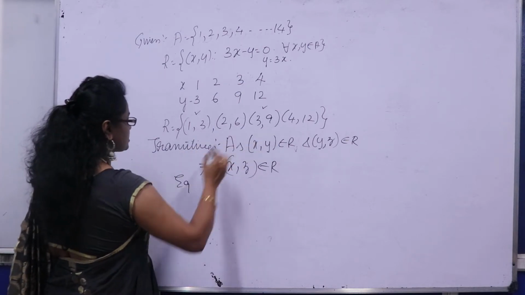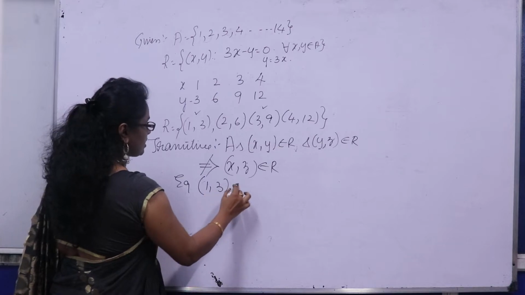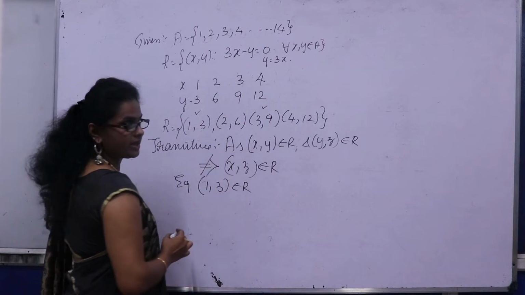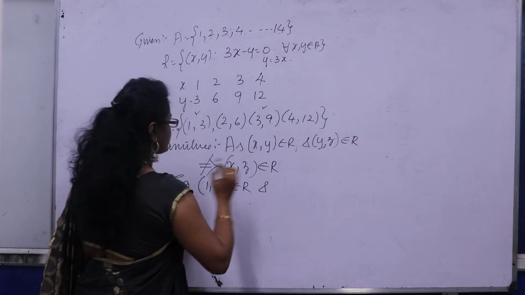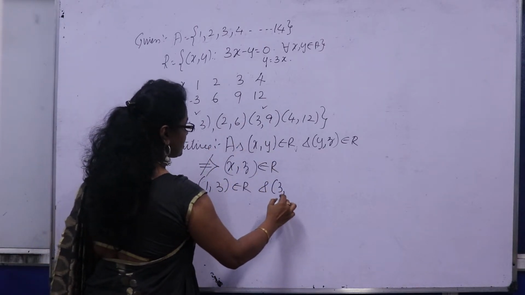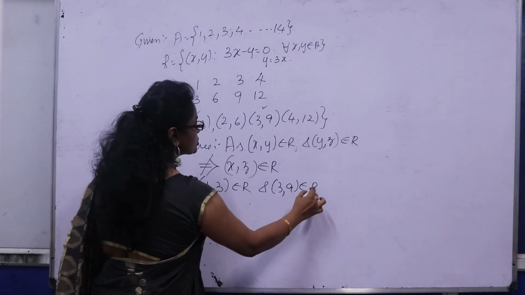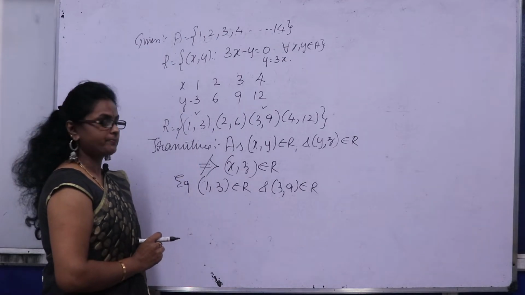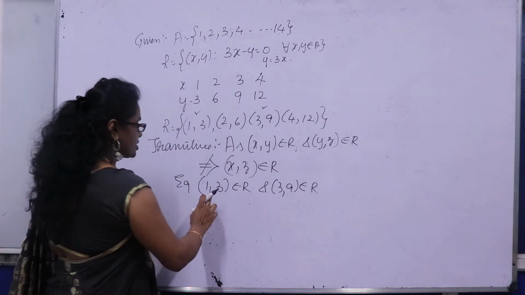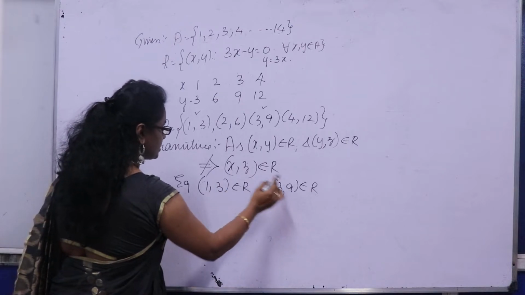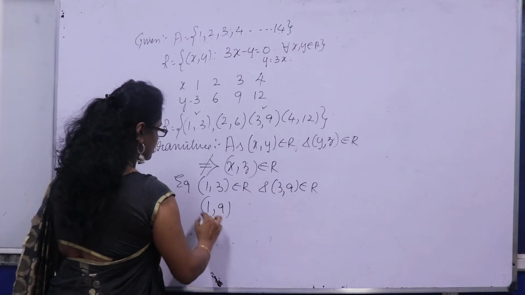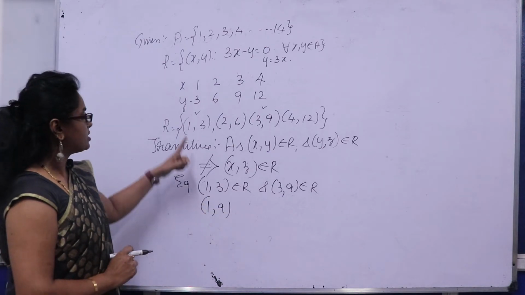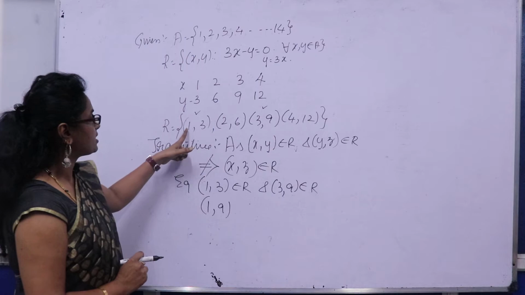Example, from the same set, (1, 3) belongs to R. I accept this. Okay, it is very much there in the relation. And now (3, 9) also belongs to R. Yes, (3, 9) is also there in this relation. Fine. I should have (1, 9). Do we have (1, 9) here?